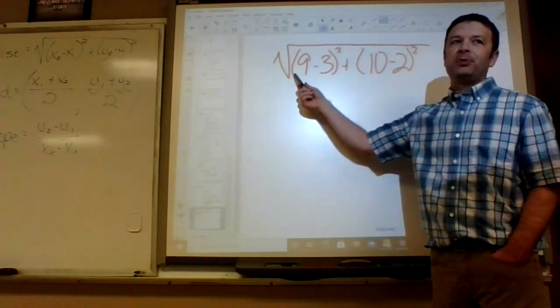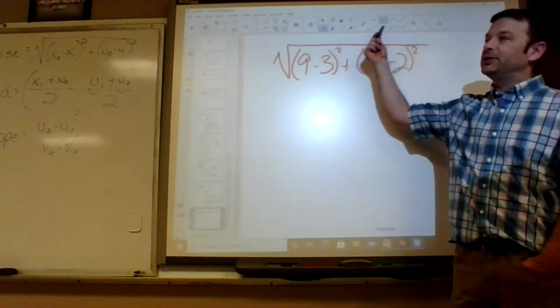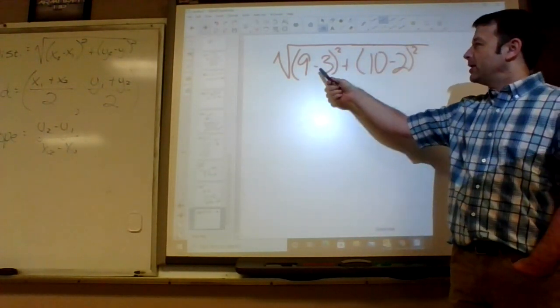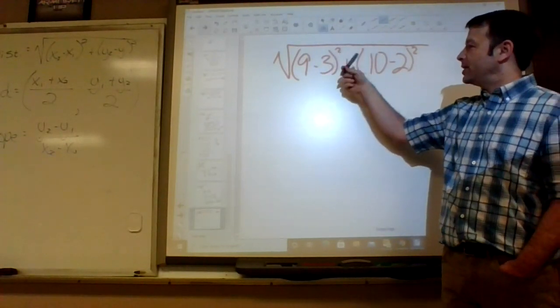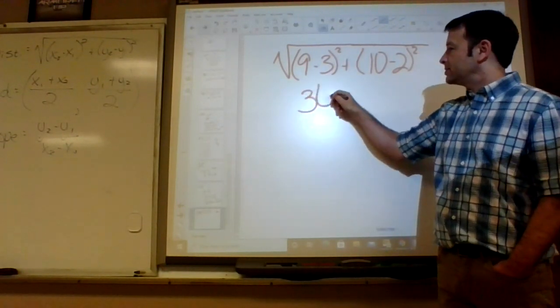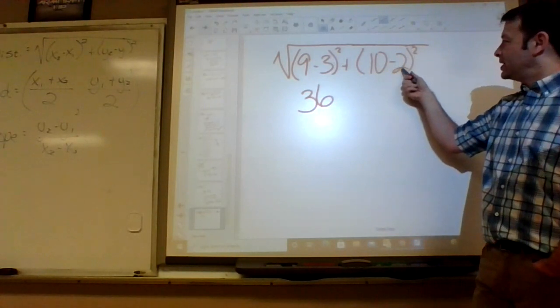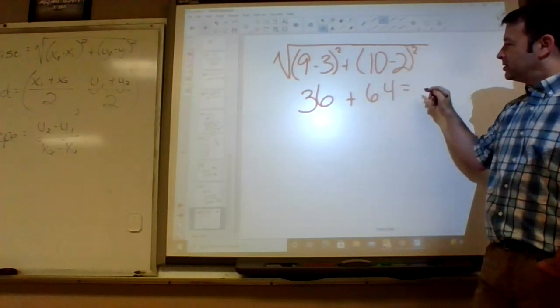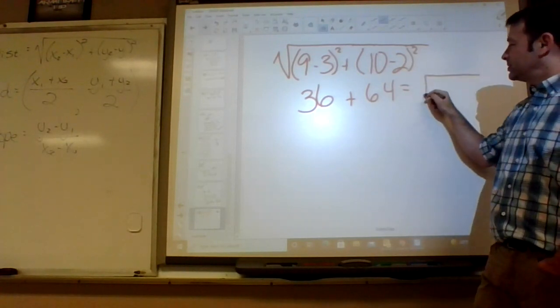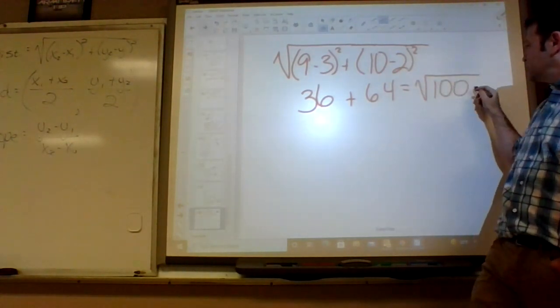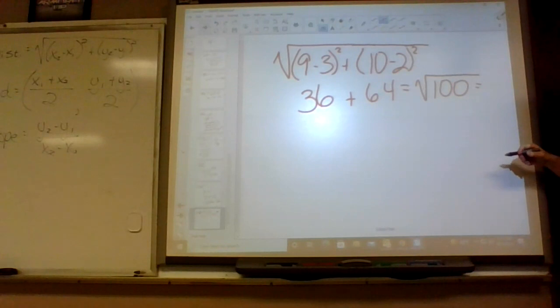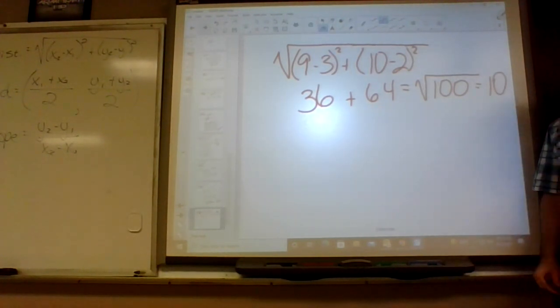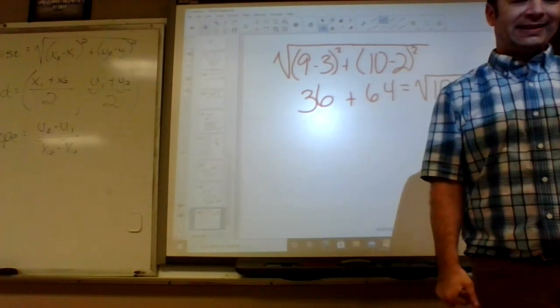You could just plug all this in your calculator at once. 9 minus 3 is 6, squared is 36. 10 minus 2 is 8, squared is 64. 36 plus 64 is 100. Square root of 100 is 10. The distance between those 2 points is 10.